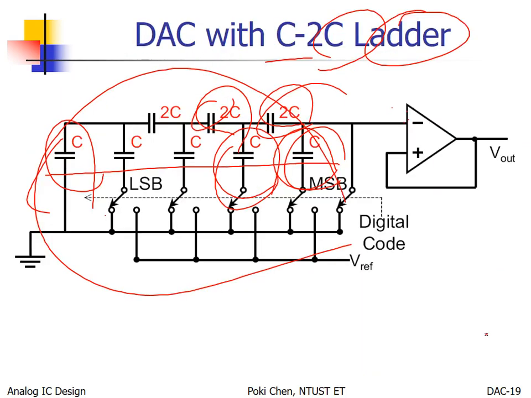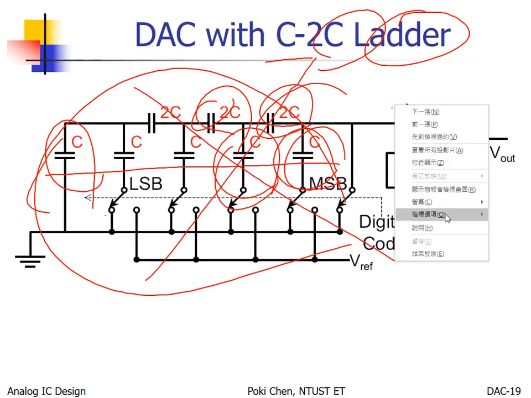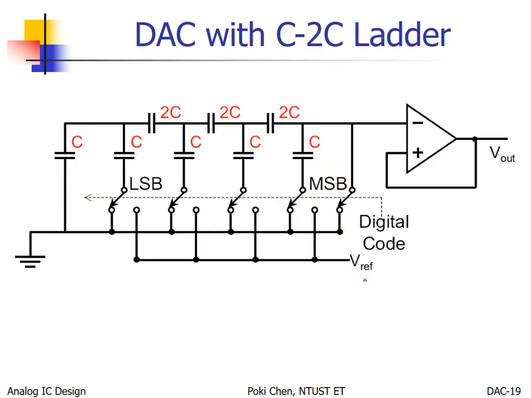How about this one? Usually, we don't apply such a C-2C structure. Why? Because after equilibrium, there isn't any DC path for you.